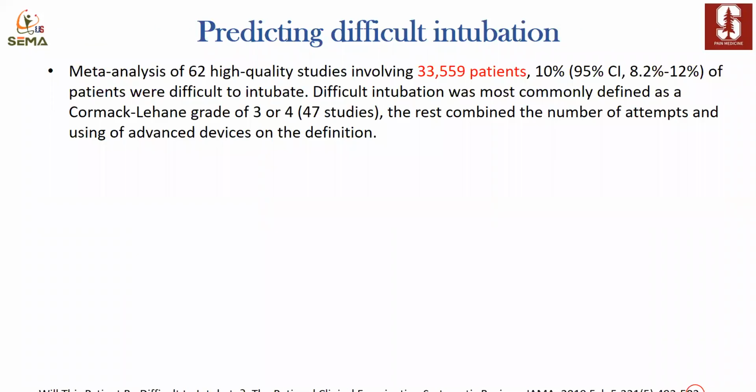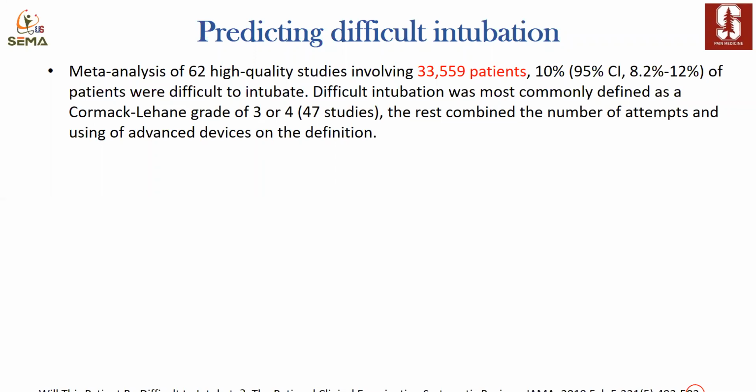Then, okay, now we did all this evaluation. Can we predict a difficult airway? Can we do that? This is a very recent study from a well-respected journal, JAMA, and it's a very well-conducted, in my opinion, meta-analysis where they included 62 high-quality studies with over 33,000 patients.